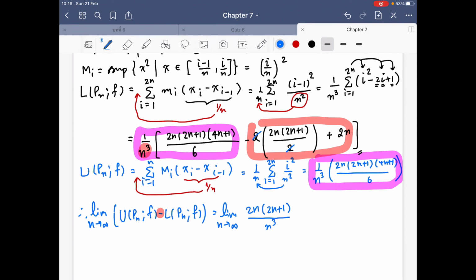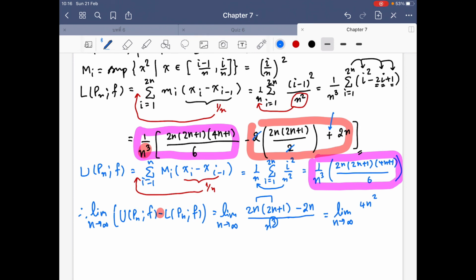Over n cubed and minus 2n, right? This one you have negative. So here's the n squared and this one's n cubed. Actually, this can be simplified into 4n squared, right?